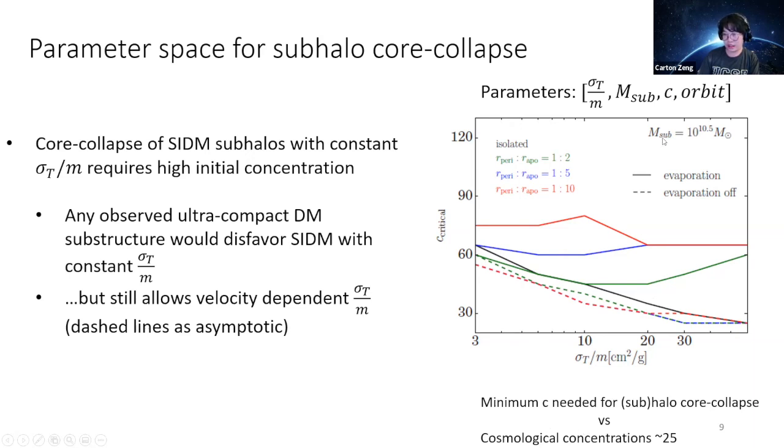Cosmologically, for halos of this mass, the typical concentration is about 20 to 25. So this basically tells us in SIDM with constant cross section, you wouldn't expect core collapse to happen. And any observed ultra-compact dark matter substructure would instead favor additional degrees of freedom of SIDM.